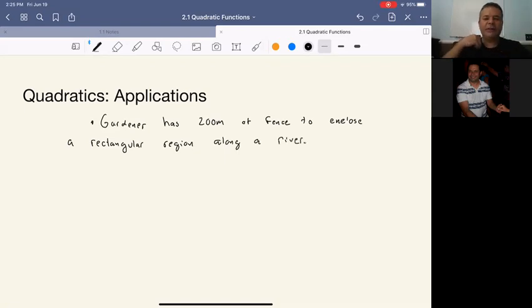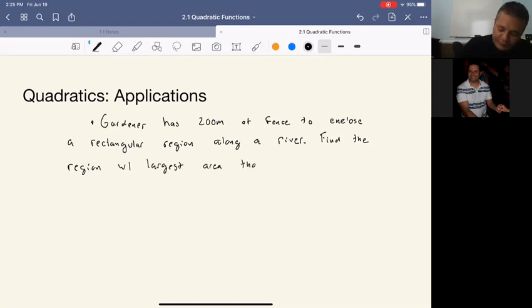Find the region with largest area that can be enclosed.